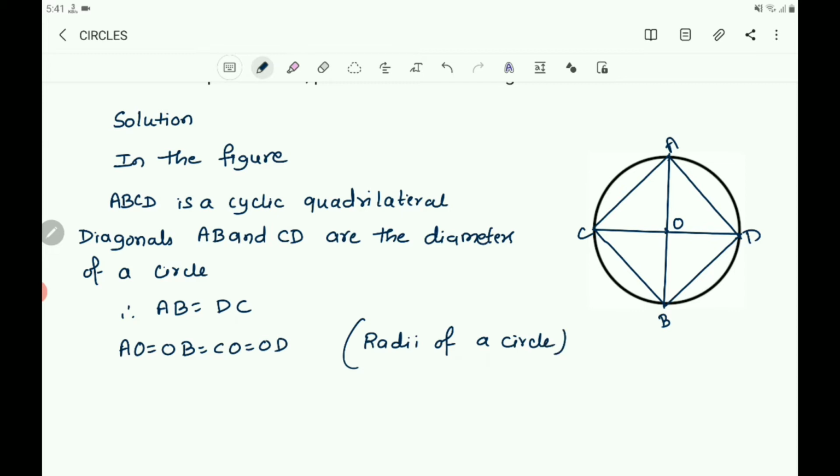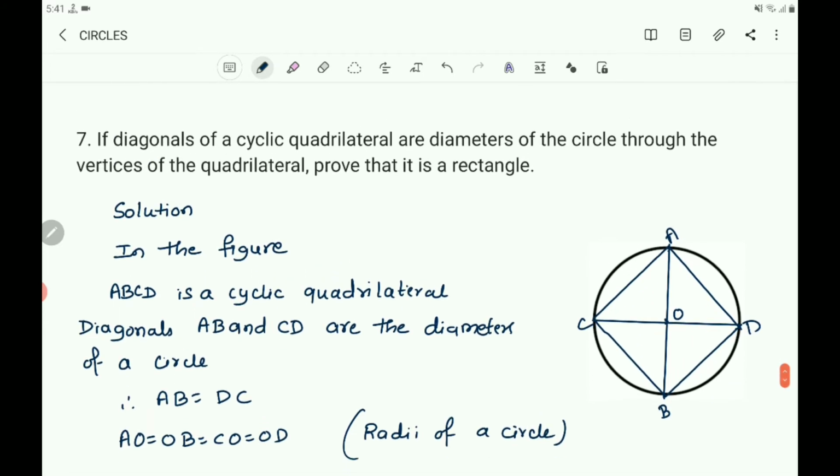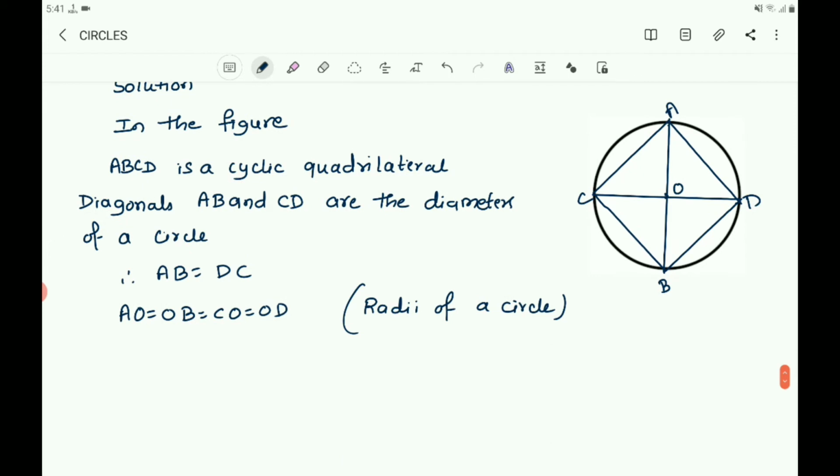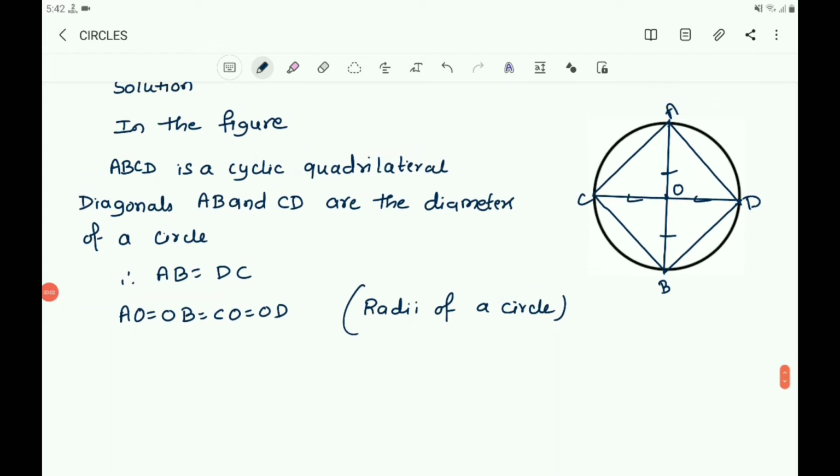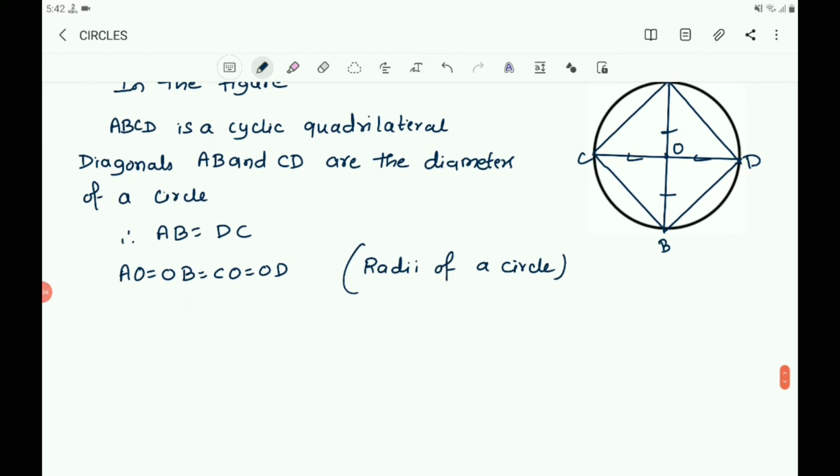Now here what you have to prove? You have to prove that ABCD is a rectangle. You know that it is a quadrilateral in which the diagonals are equal and diagonals bisect each other. Here at a point O, they bisect each other. Therefore, you write AO equals OB equals CO equals OD.